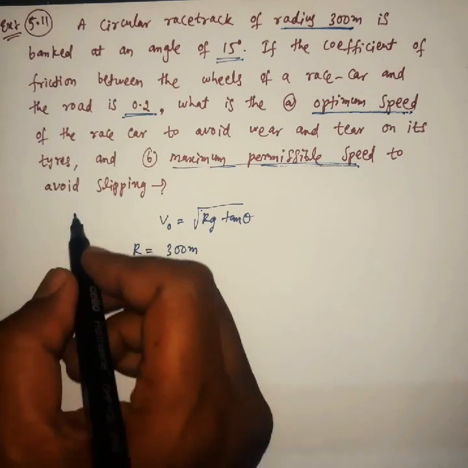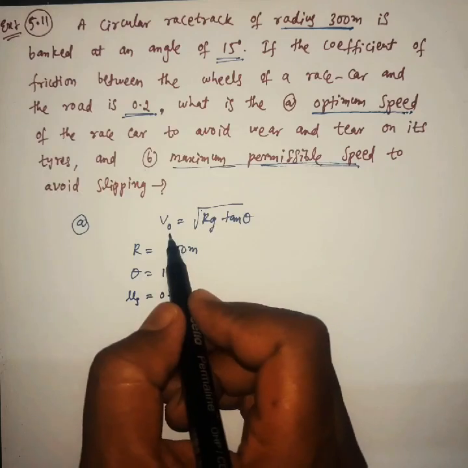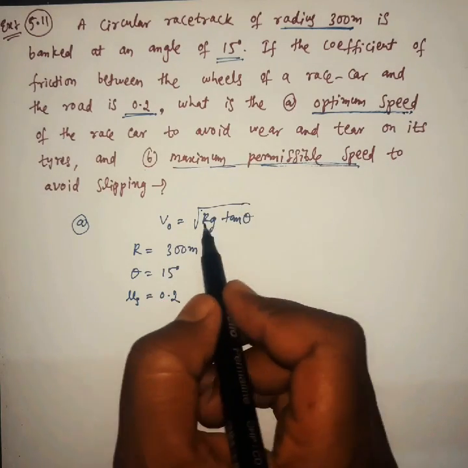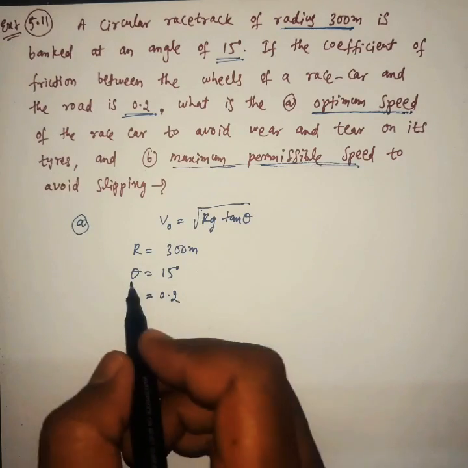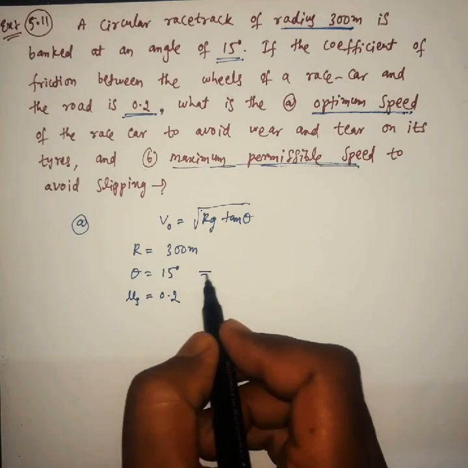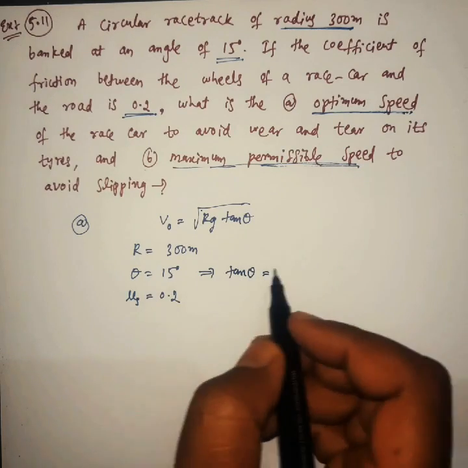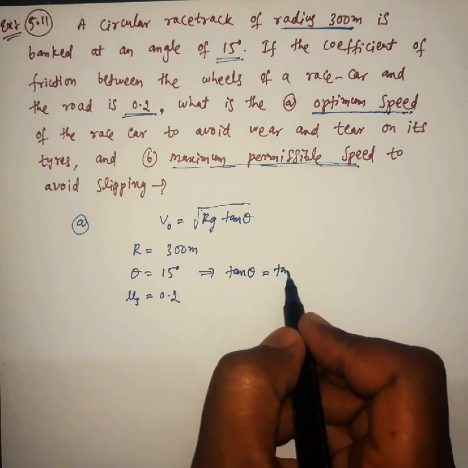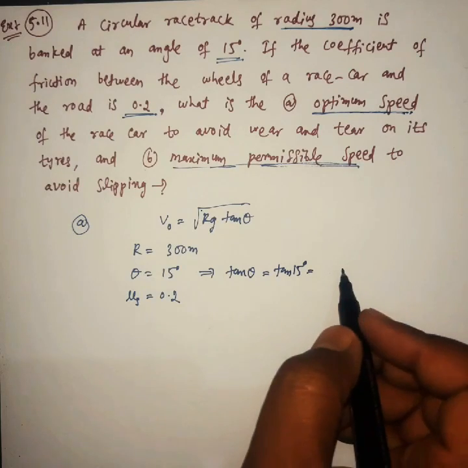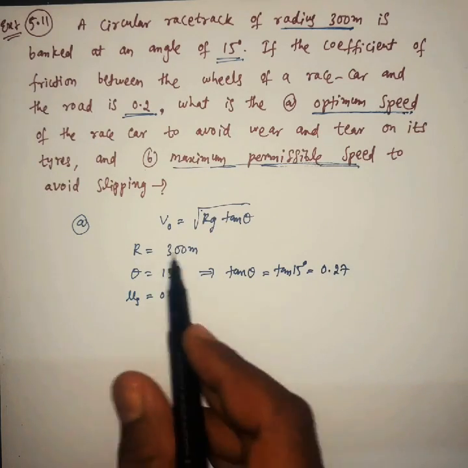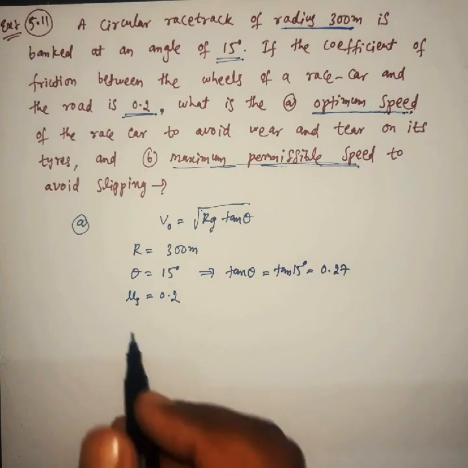In the first problem we have to find the optimum speed V naught, which is equal to the square root of Rg tan theta. Theta is 15 degrees. So tan 15 degrees is nearly 0.27. Substitute these values in this equation.